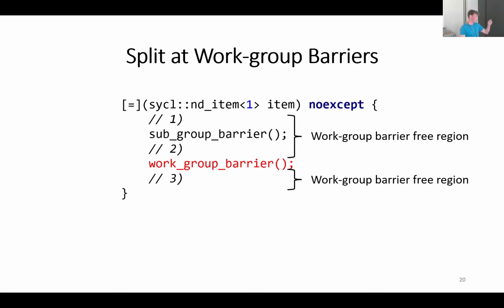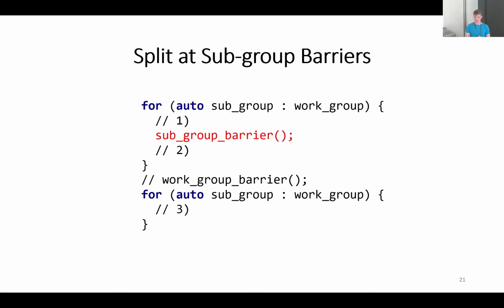Now we split the kernel at the workgroup barrier and put the work item loops around the workgroup barrier free regions. Now, one small difference is that we don't directly iterate over the work items inside the workgroup, but over the subgroups inside the workgroup.